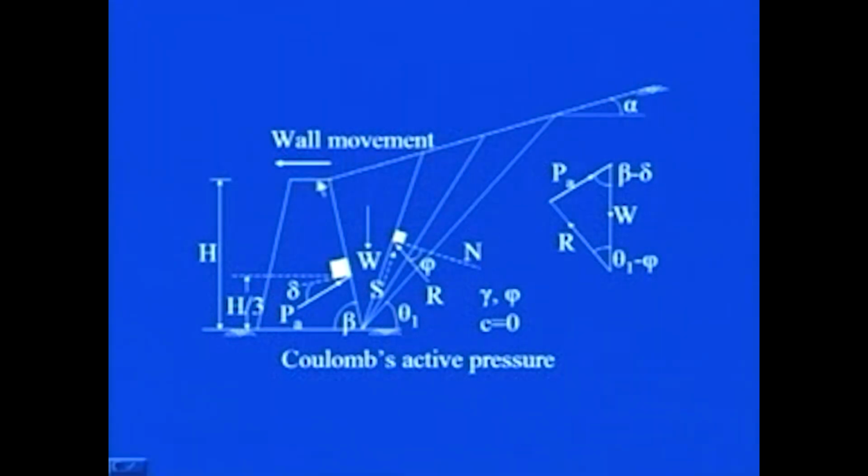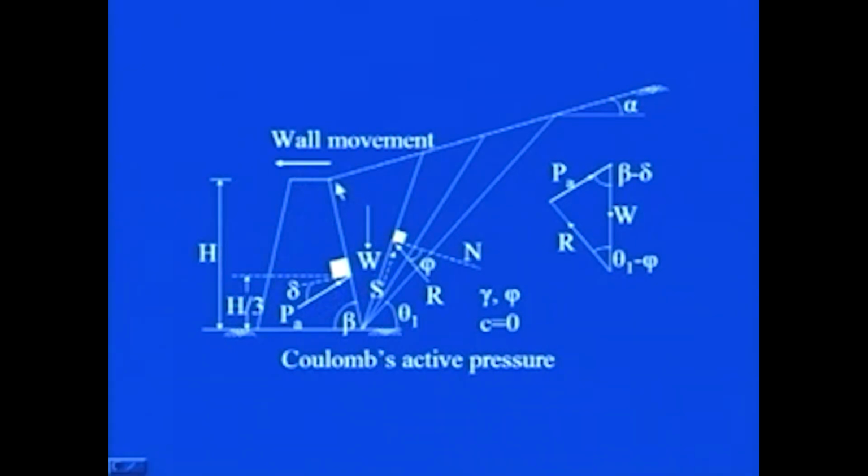We will try to develop an understanding of this theory. So, you see here, this is a wall, its movement is in this direction, this is the backfill, this is the existing ground surface. You see the wall movement is away from the backfill.